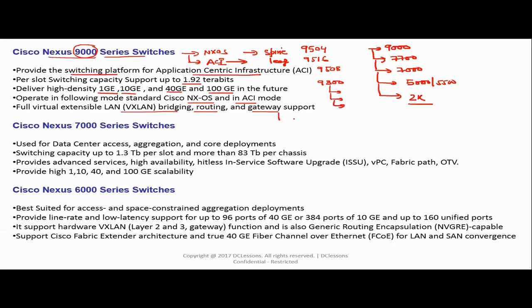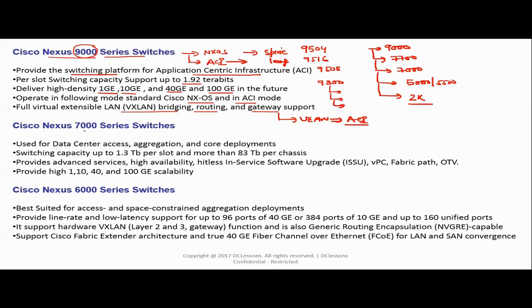Why? Because VXLAN is the base for ACI. If your switch doesn't support VXLAN bridging and routing, then your ACI is not going to work. So as the base of ACI, your switch must have the capability to work in VXLAN mode.